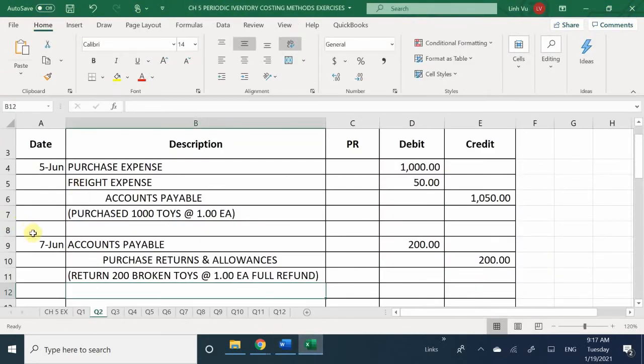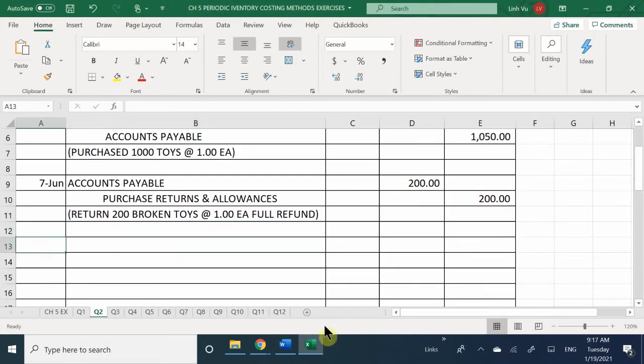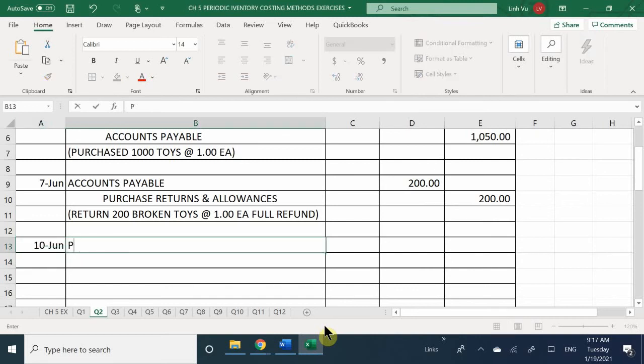So how are we going to journalize this? Purchase expense. Freight expense, good. And accounts payable.